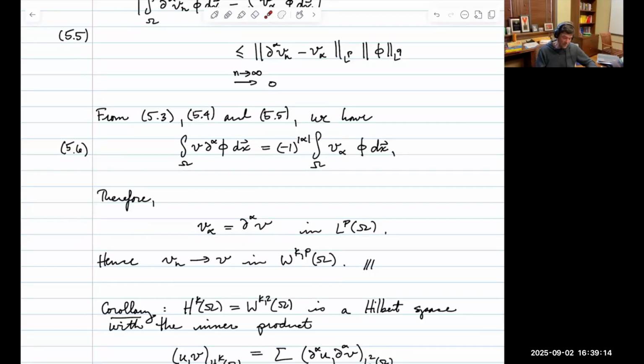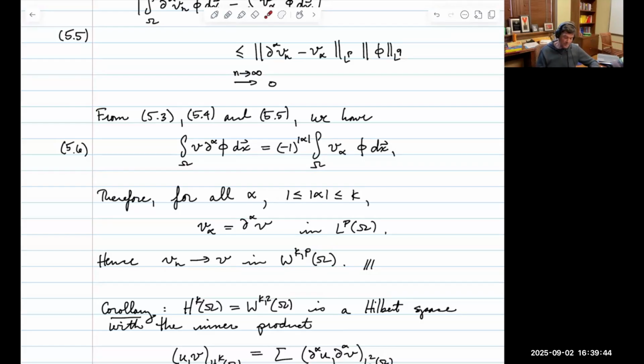And therefore this holds true, I should say, for all alpha that has order less than or equal to k. I just showed that. But this means that V_n has to converge to V in W^{k,p}, and we're done.